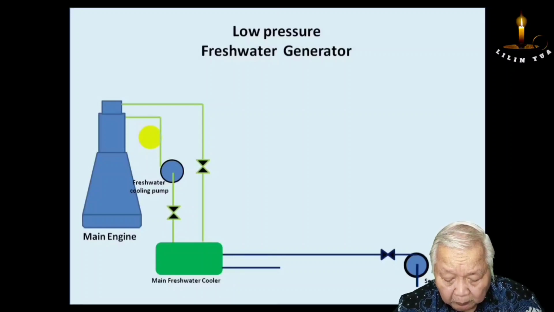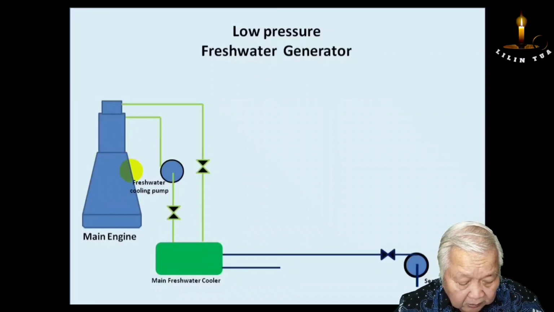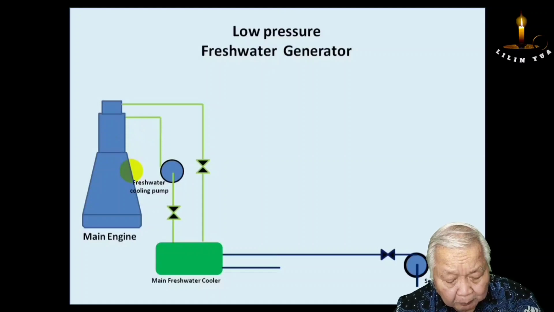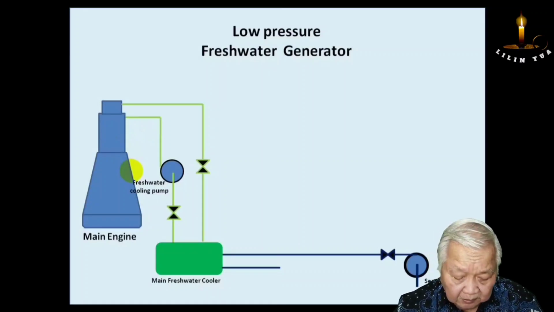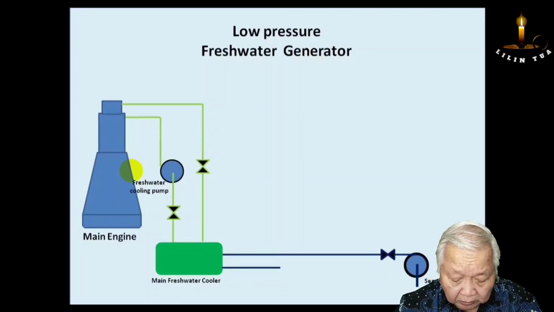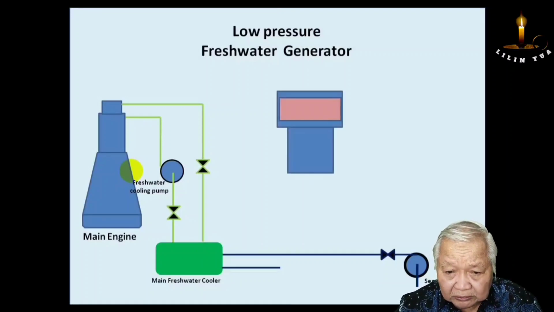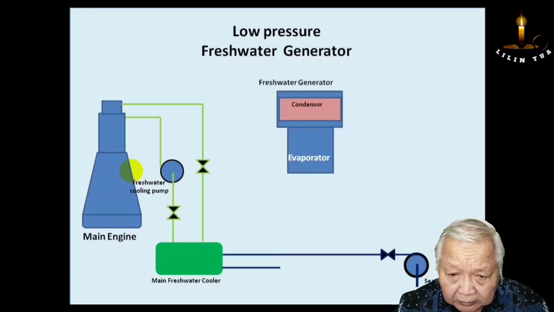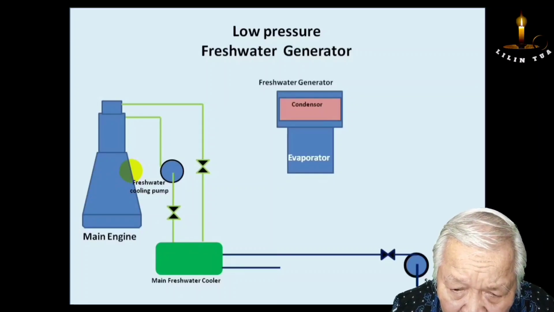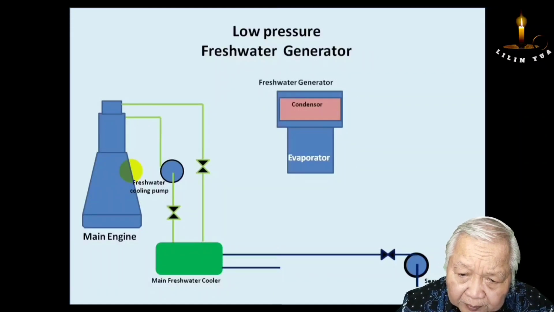So for the low pressure freshwater type like this, it is enough to use the freshwater cooling the main engine cooling jacket, which has a temperature around 70 degrees Celsius. You can see that this is the position of the freshwater generator that contains the evaporator and condenser.